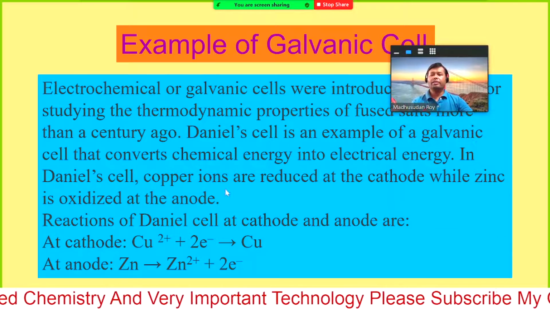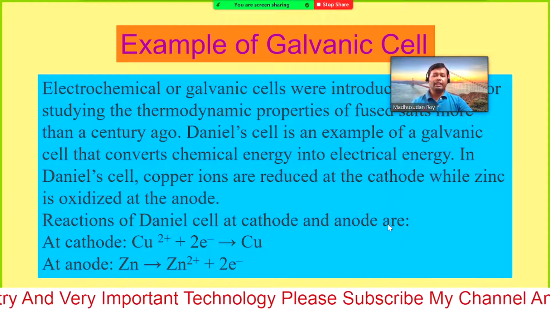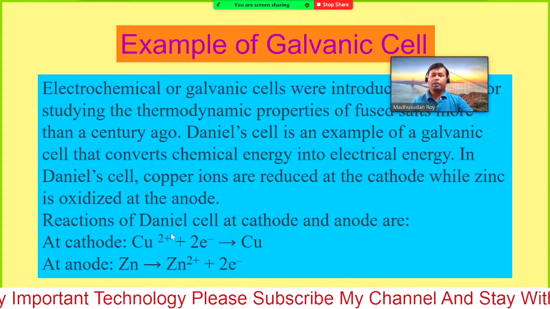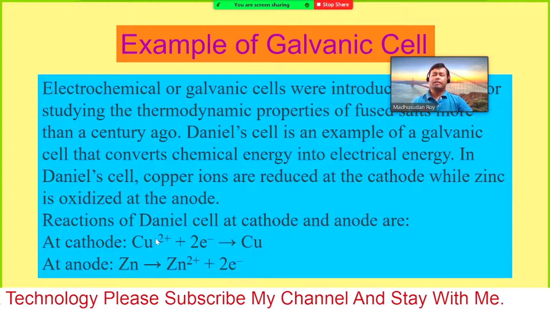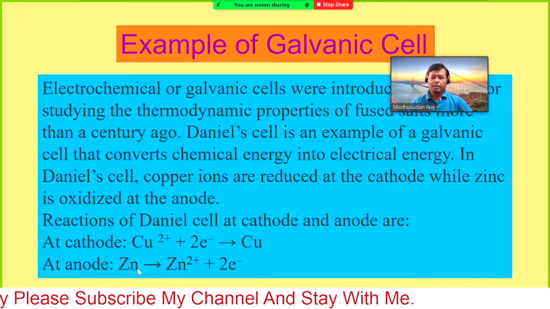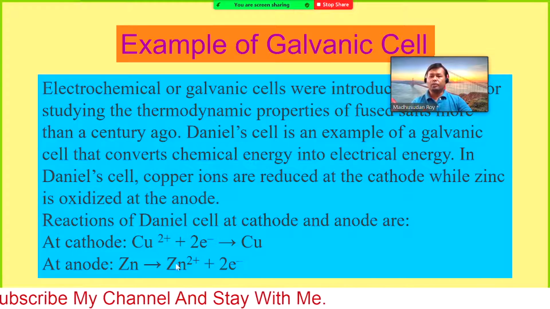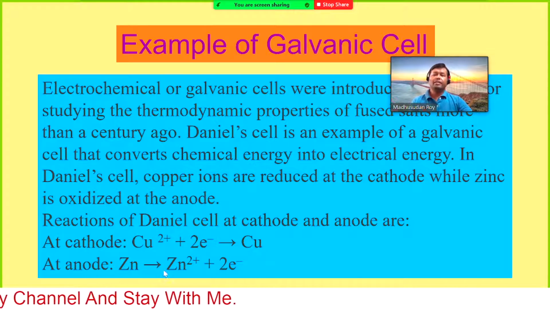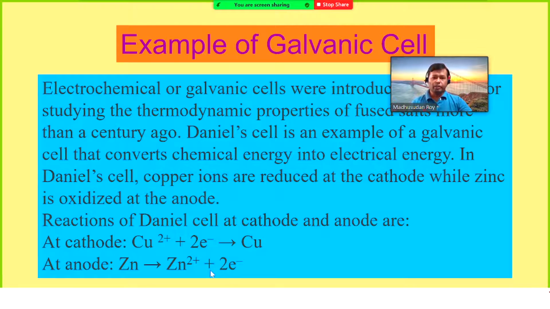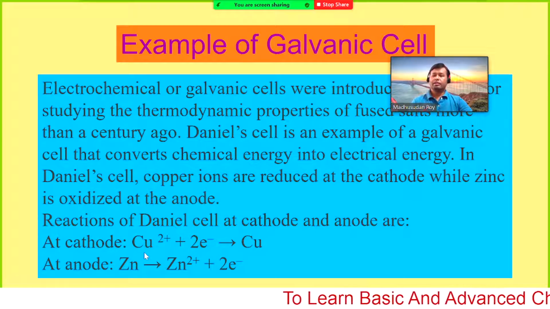So the reactions in the Daniell cell at the cathode and anode are as follows. First we should write down the anode reaction, because zinc is giving 2 electrons to produce the zinc 2 plus ion, and these 2 electrons released are accepted by the copper 2 plus ion at the cathode.